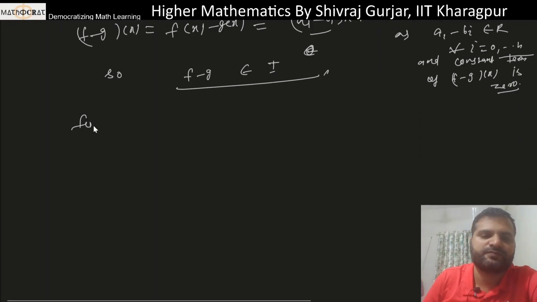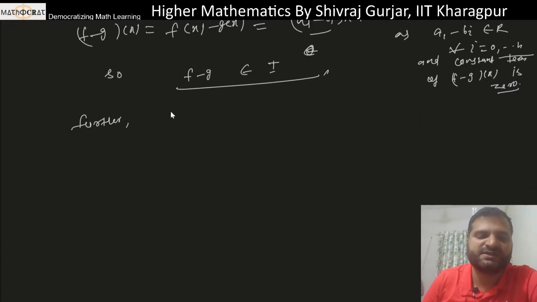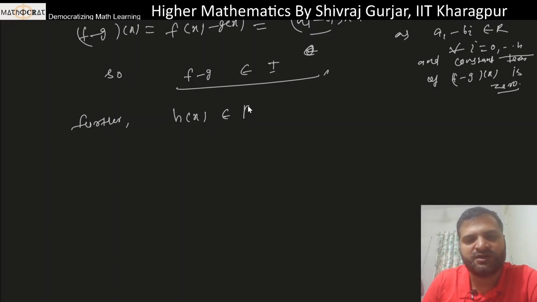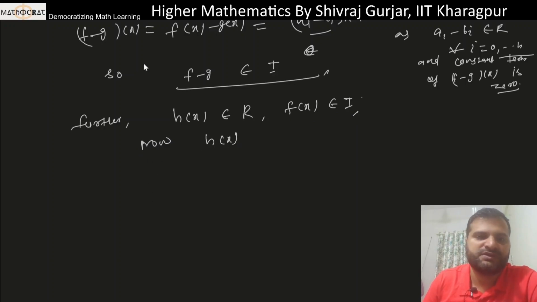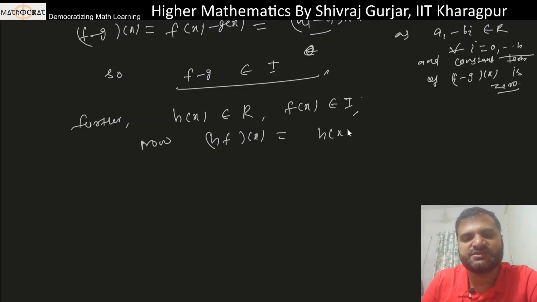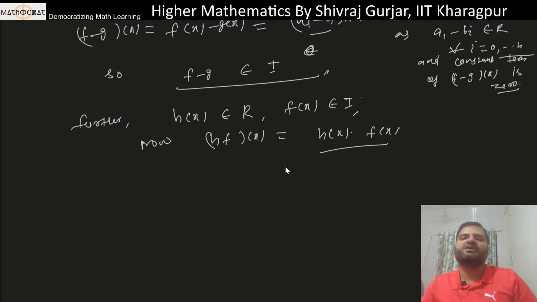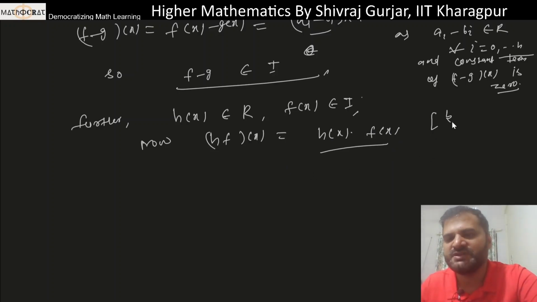Further, let us take h(x) belongs to this R जो ring है and f(x) belongs to I, ठीक है. Now if we take h(x)f(x), या इसको we can define like this, अच्छा यहाँ पे देखो, this is not composition. Generally in rings this will be point-wise multiplication. This is how we define point-wise multiplication.